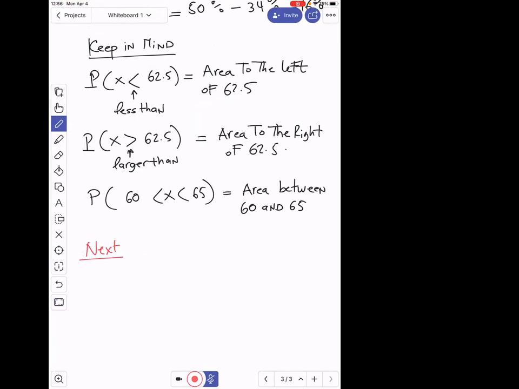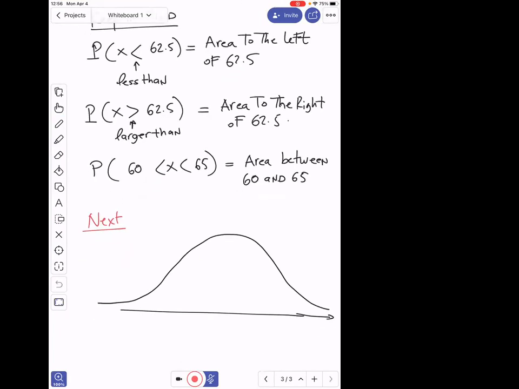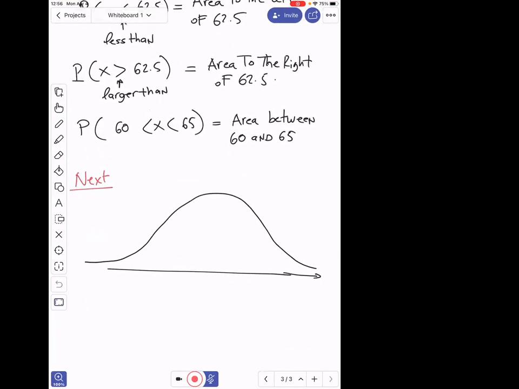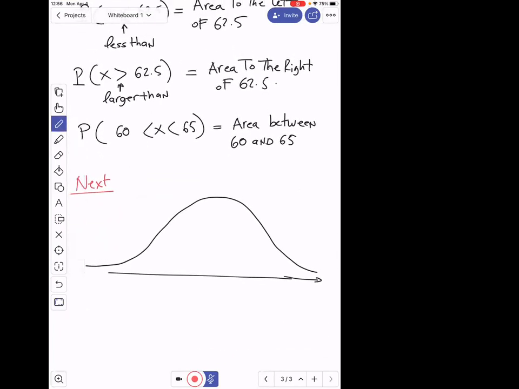So I'm going to use the same example, where X represents the height of a college woman. Again, this is your mean right here, 65 we said. Here we said this is 67.5. This is mu plus sigma.